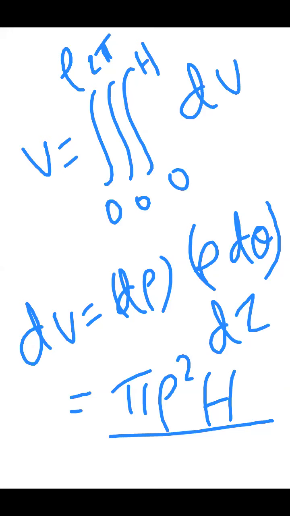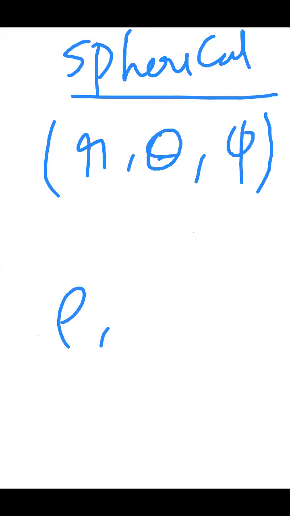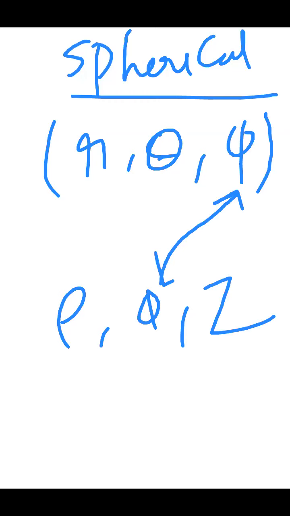Next one is the spherical coordinate system. In a spherical coordinate system, we will use a notation like this: r, theta, phi. In the cylinder, what did we use? Rho. Please remember, whatever notation or procedure we had for the cylindrical coordinate system, the same is applicable in the spherical coordinate system.